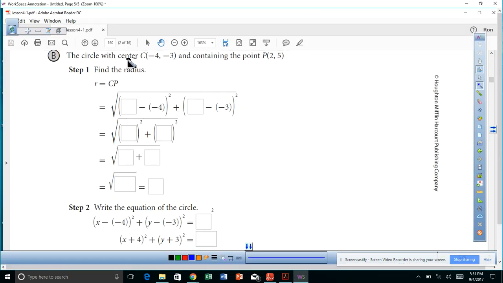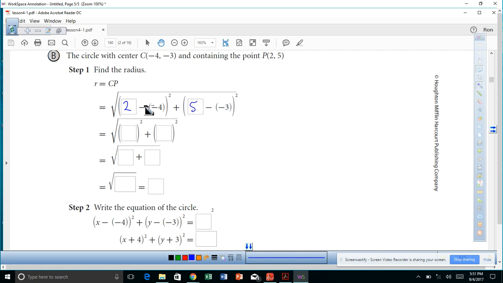B. The circle with center C at (-4, -3) and containing a point P at (2, 5). Find the radius. Okay, so what do we have? We have the square root of (2 minus -4) squared plus (5 minus -3) squared.